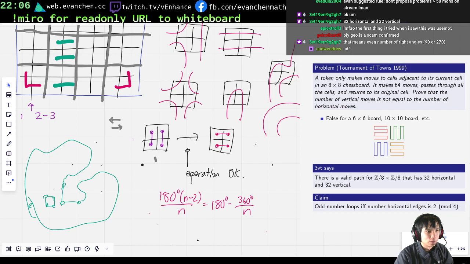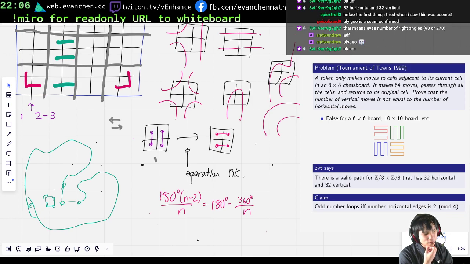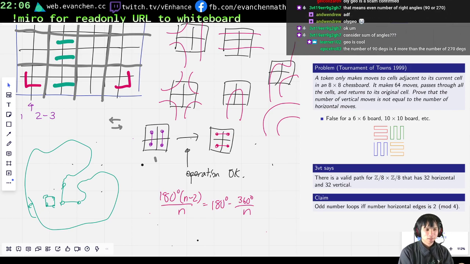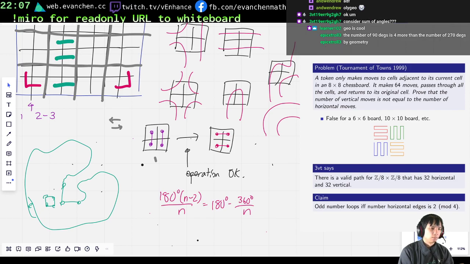Even number of right angles, 90 or 270. I don't see why that's... The number of 90 degree angles is 4 more than the number of 270 degree angles. Those are also the points where there's actually turning. So what does that do?